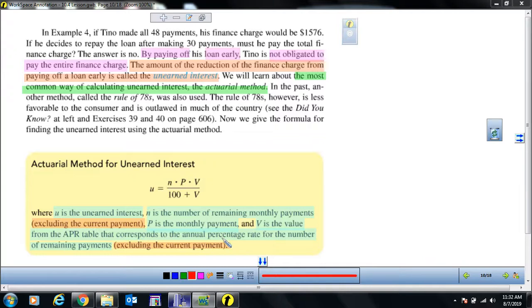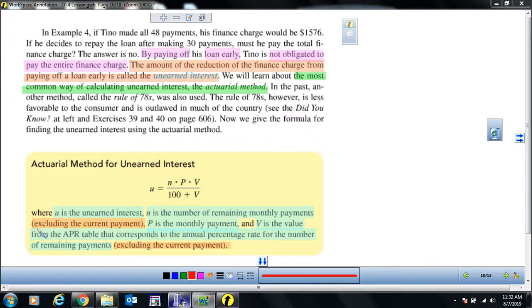So the formula for the actuarial method for calculating unearned interest when you pay off your loan earlier than the original plan is this formula. The U stands for unearned interest. That's what the formula calculates. N is the number of remaining monthly payments, excluding the current payment. It's not the total of payments that you were given when you got the loan for the first time.